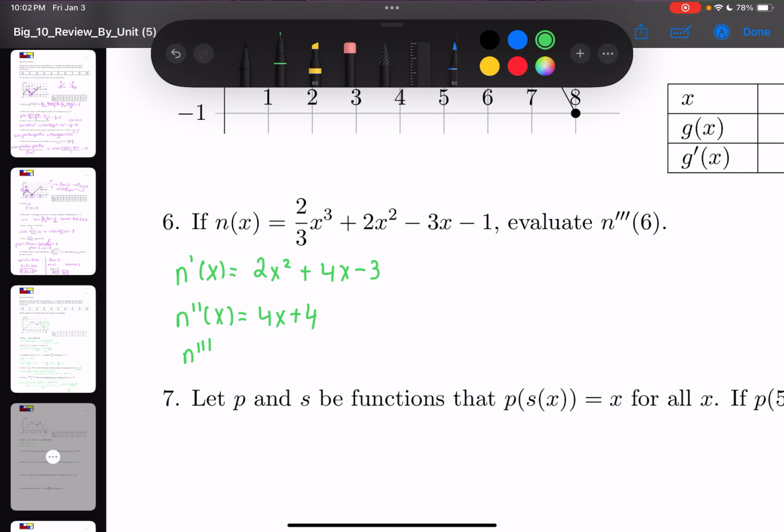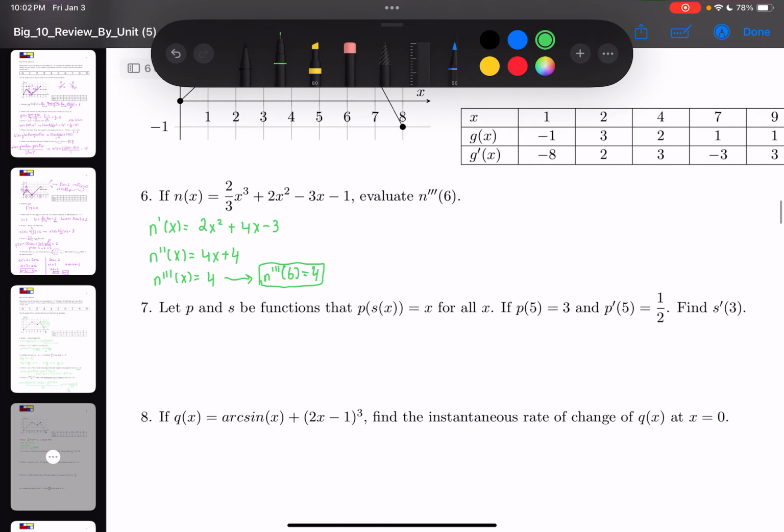So, n prime of x is going to be 2x to the power of 2 plus 4x minus 3, and double prime of x is going to be 4x plus 4, and n triple prime of x is going to be just 4. So obviously n triple prime of 6 is still going to remain 4 for all of x because there's literally no variable. So yeah.